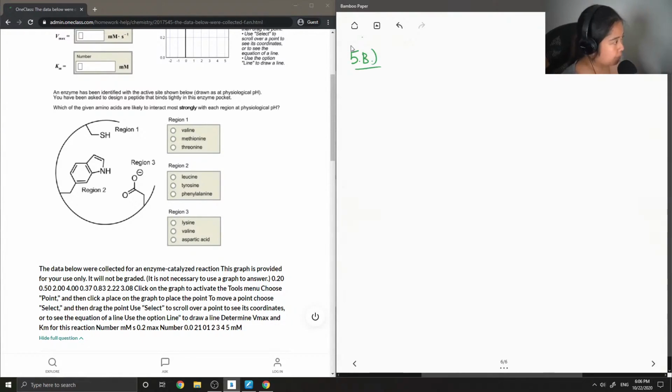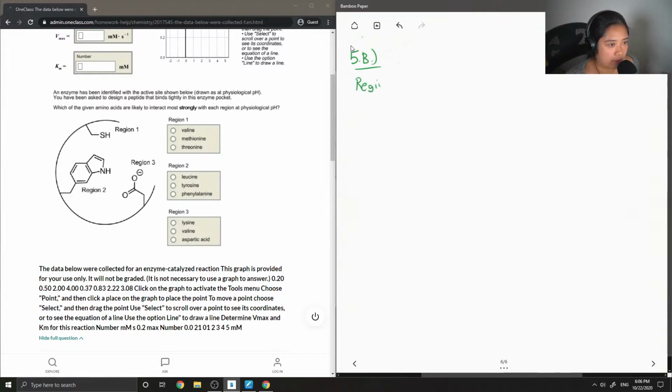5b. An enzyme has been identified with the active site shown below, drawn as at a physiological pH. You have been asked to design a peptide that binds tightly in this enzyme pocket. Which of the given amino acids are likely to interact most strongly with each region at physiological pH?